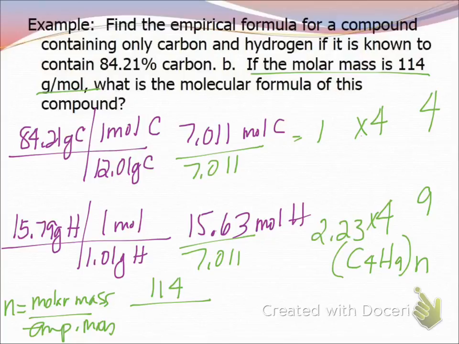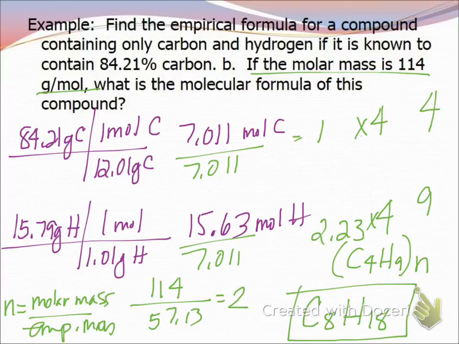I have 4 carbon times 12.01 plus 9.09 for hydrogen. So I get 57.13. That comes out to like 1.99, which is 2. So my molecular formula would be what? C8H18. And that would be my molecular formula.